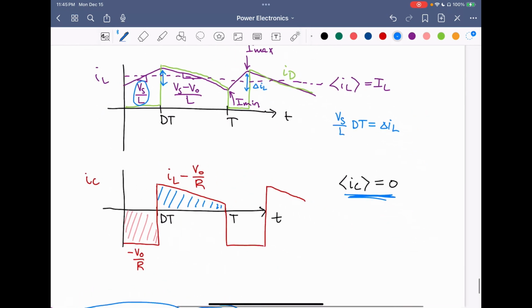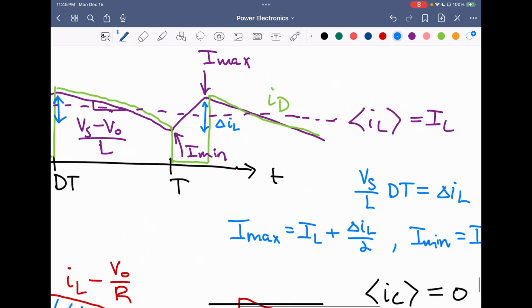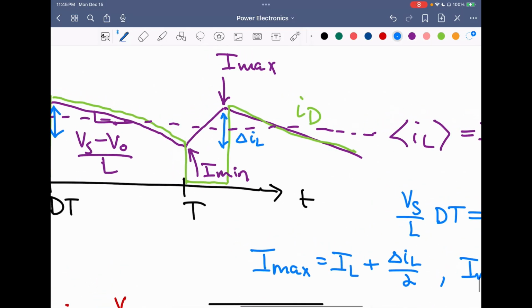So therefore, I max is just equal to the DC current plus delta IL over 2, while I min is equal to the DC current minus delta IL over 2. And you can just see that very plainly because this is delta IL over 2 and this is delta IL over 2.